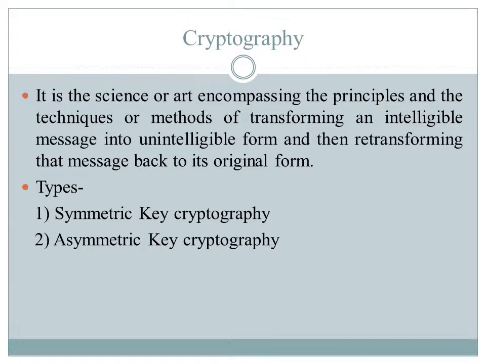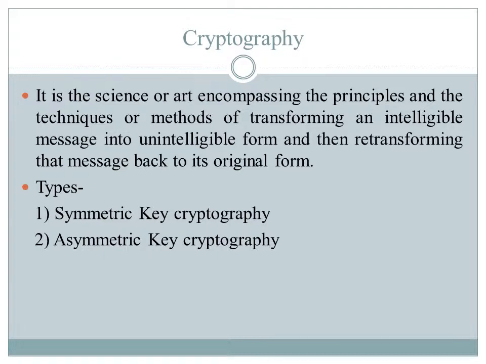In the very first technique, symmetric key cryptography, only one key is used for data embedding as well as extraction, that is the secret key. Whereas in the other technique, asymmetric key cryptography, two keys are used. One is the public key and the other is the private key. One key is used for embedding and the other for extraction.